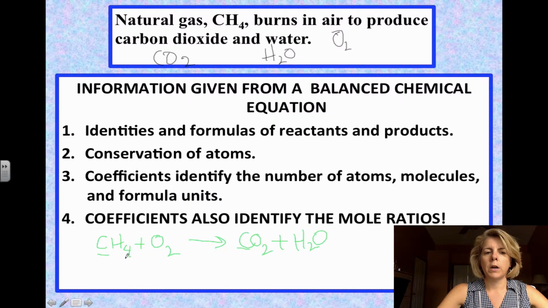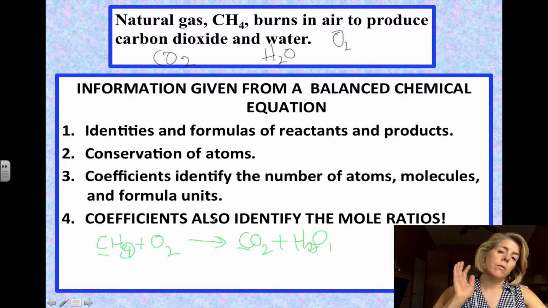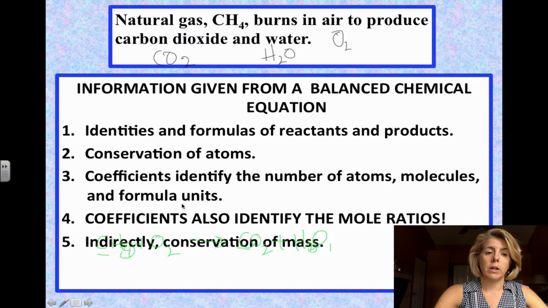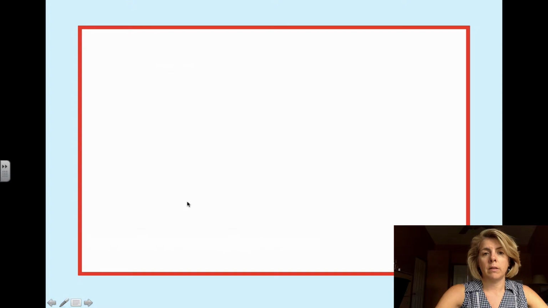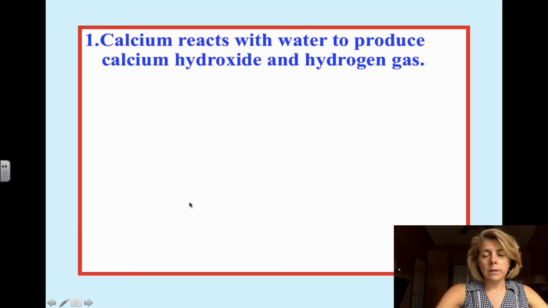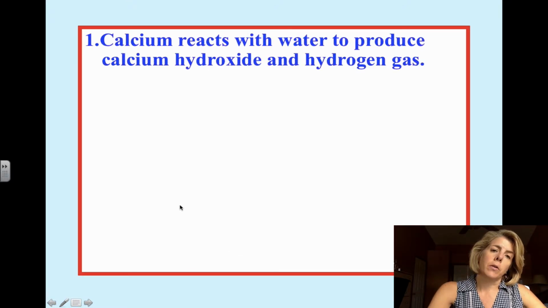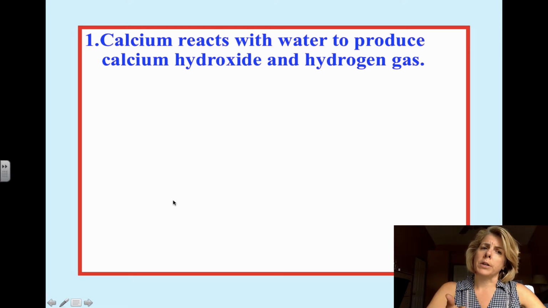We have 4 hydrogen here. We only have 2 here, so it's not balanced. Same, we have 2 oxygen here. We only have 1 here. Okay, so you have to figure out a way to balance the equation. I'm going to show you that in the next example. Okay, here we go. So calcium reacts with water, produce calcium hydroxide and hydrogen gas.